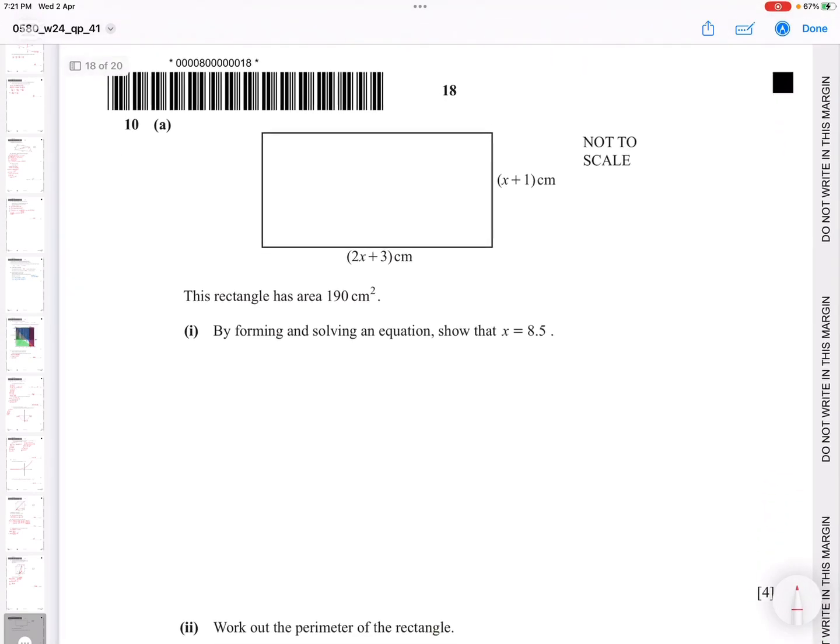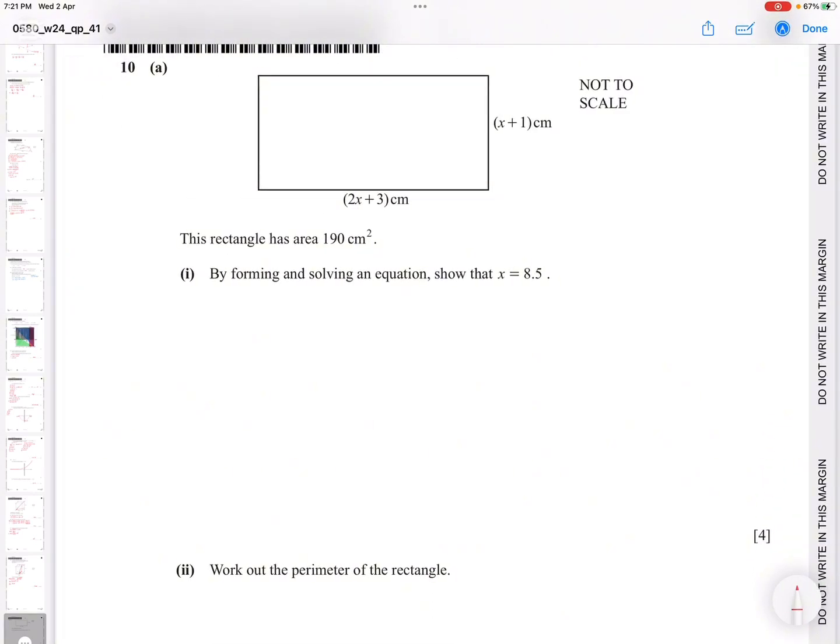Question number 10. This rectangle has area 190 centimeter square. By forming and solving an equation, show that x is equal to 8.5. Area is given, so area equals length into breadth. So 190 equals length is 2x plus 3 times x plus 1. You multiply these two brackets, you get 2x squared plus 2x plus 3x plus 3.